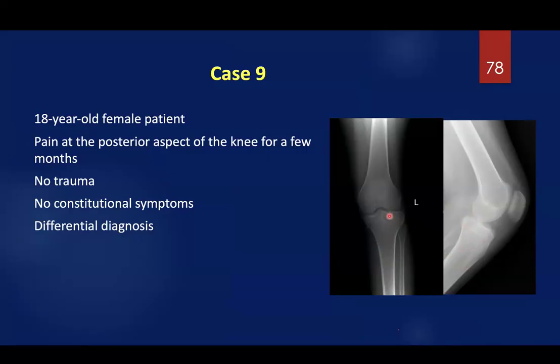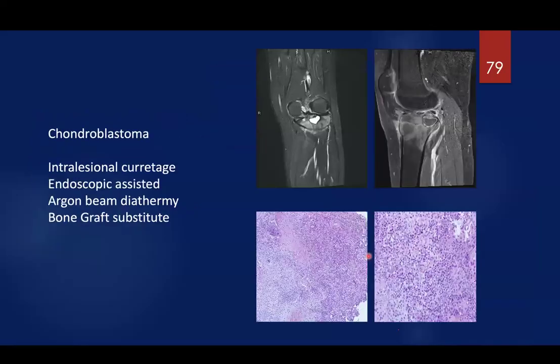So out of the 7 lesions that are benign aggressive, chondroblastoma is the one that occurs in the epiphyseal region. So looking at this X-ray, I can assure you this is chondroblastoma. Okay, so when we did an MRI, we knew that this is chondroblastoma.